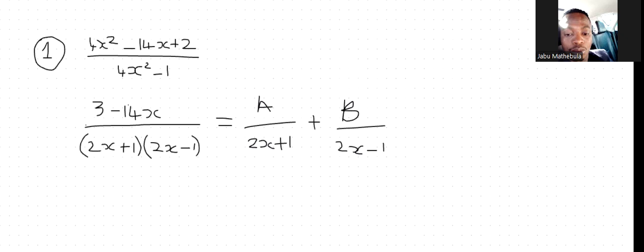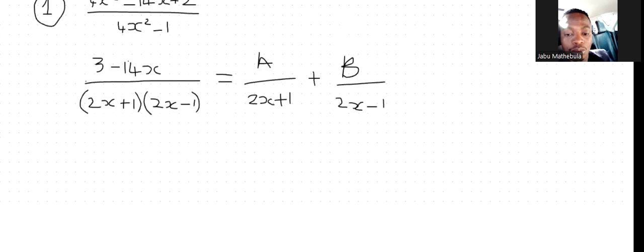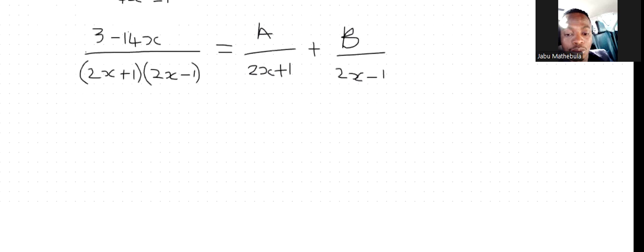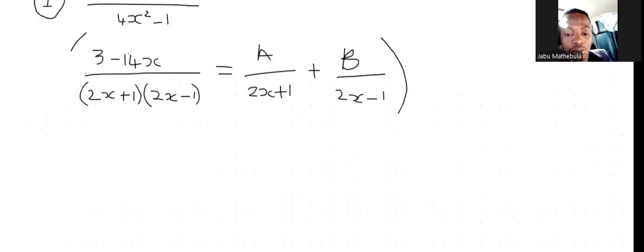Let's continue. So the next step would be to multiply by the denominator, which is 2x plus 1 into 2x minus 1.